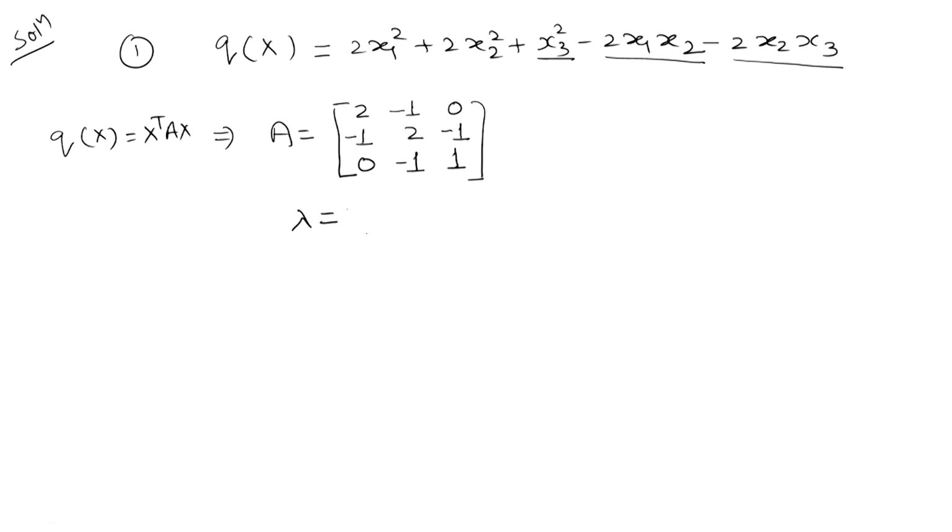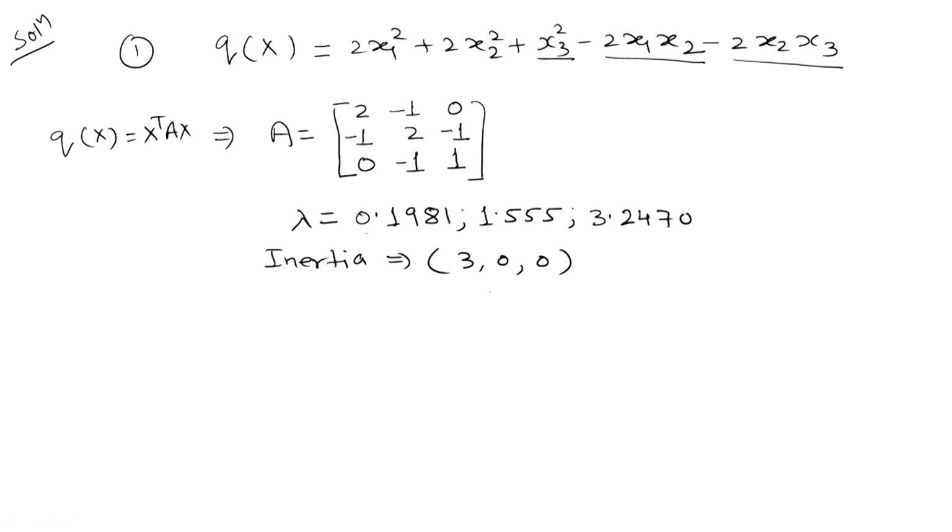Now, if I see the eigenvalues of this matrix, they come out to be 0.1981, 1.555 and 3.2470. So, if I calculate the inertia of this, it will be 3 0 0.